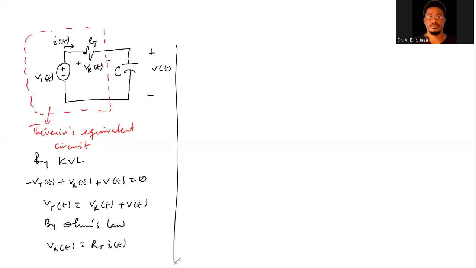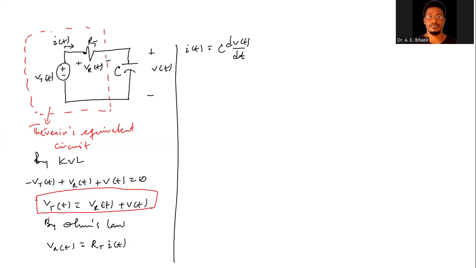And now, by the element constraint for the capacitor, we have that I of T is the same as C dV of T dt. Right? So that this expression that describes this RC circuit may now be written such that we are able to substitute the values.